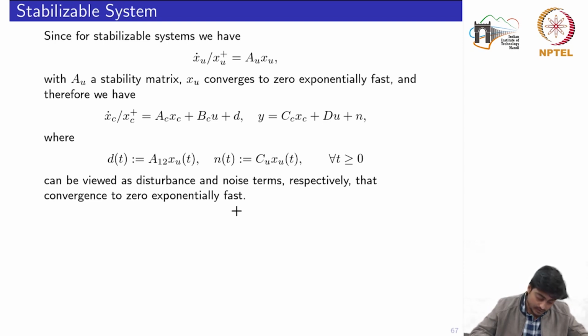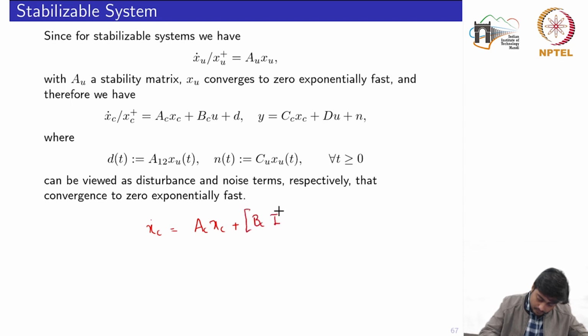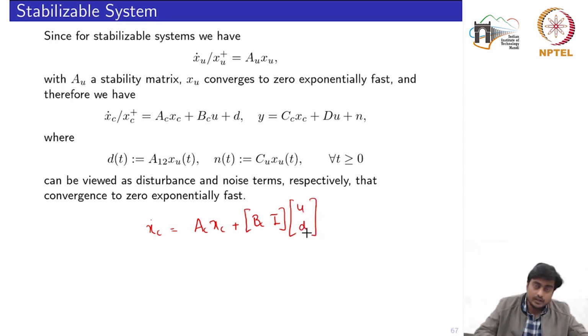Okay. So in fact you can represent this system in the form of, let's say, x_c dot is equal to A_c x_c comma D. And here you can say that this is some input U bar. Okay.